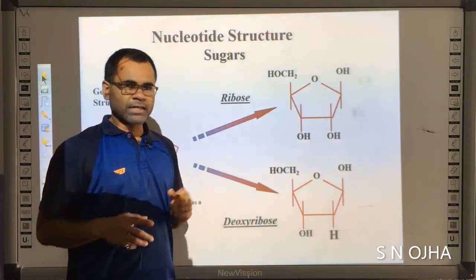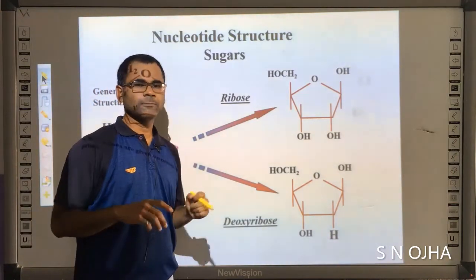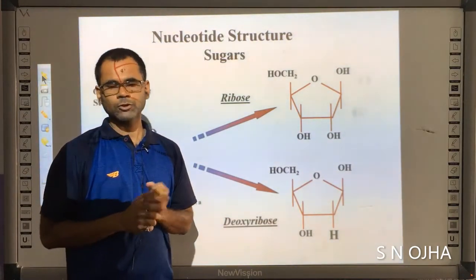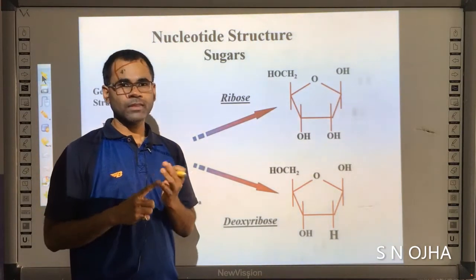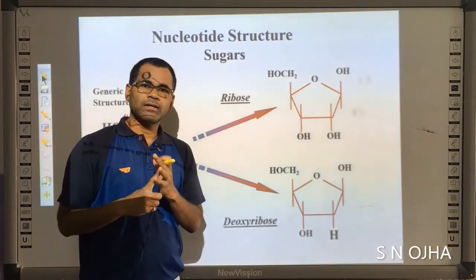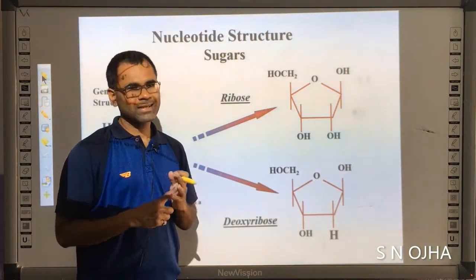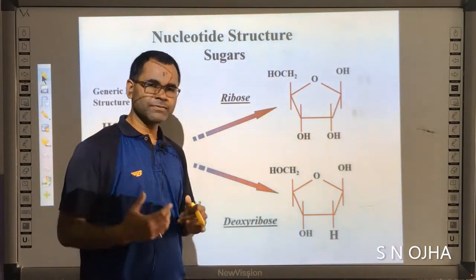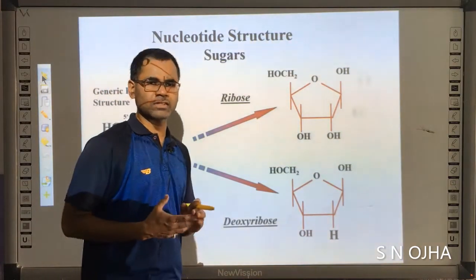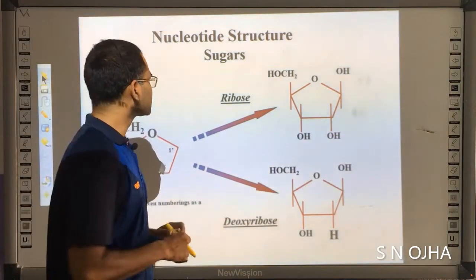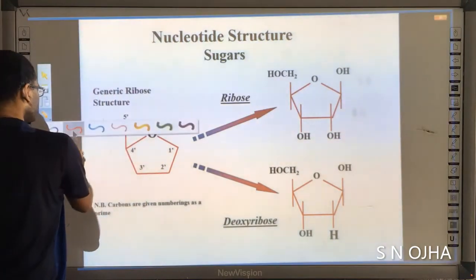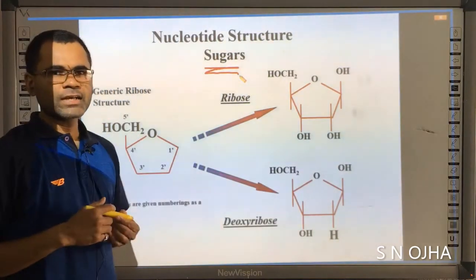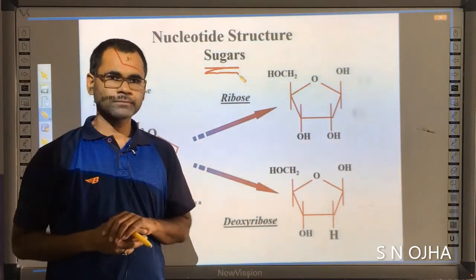So we have seen that there are three important components of a nucleotide: a pentose sugar, a nitrogenous base, and a phosphate group. Now let us focus on these structures a little more, starting with the sugar. A nucleotide has a pentose sugar.